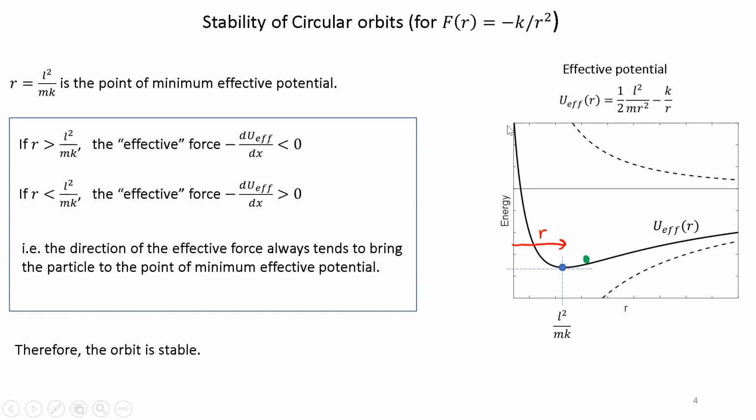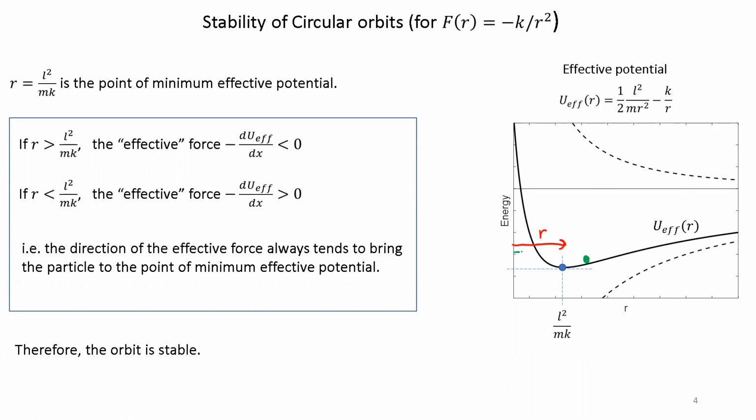If the impulse changed the angular momentum of the system, then I could not use the same effective potential curve, because the effective potential itself depends on the angular momentum. But because I keep it fixed, I can use the same curve.